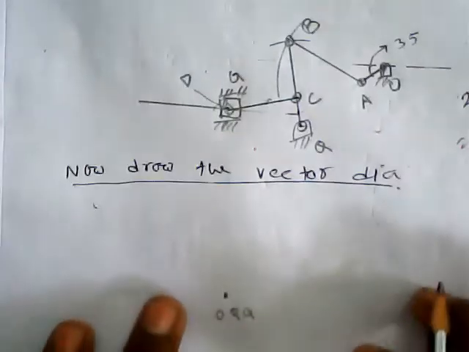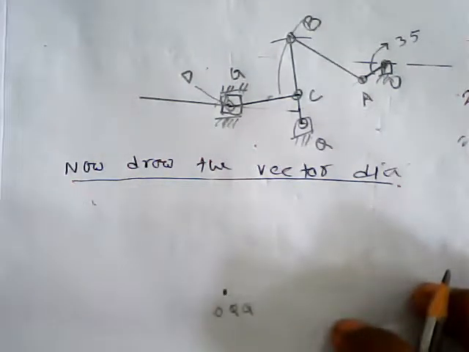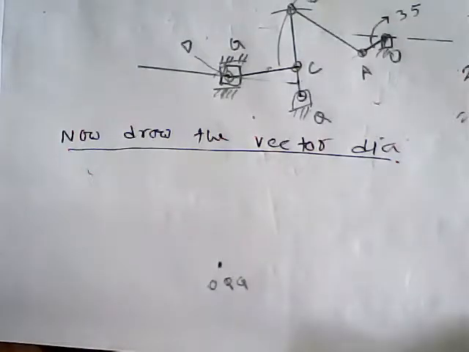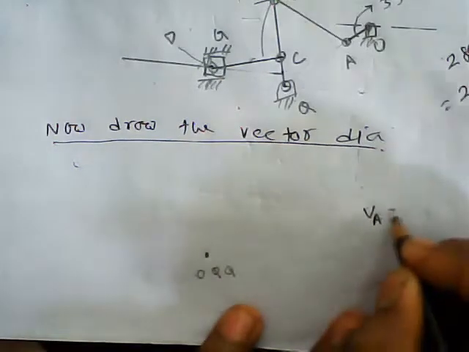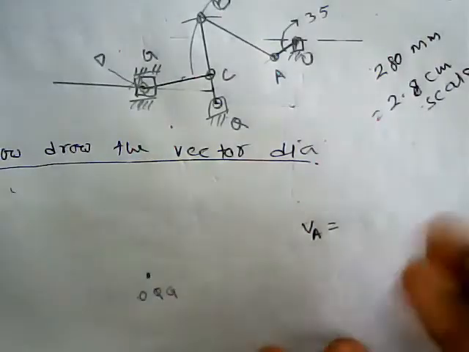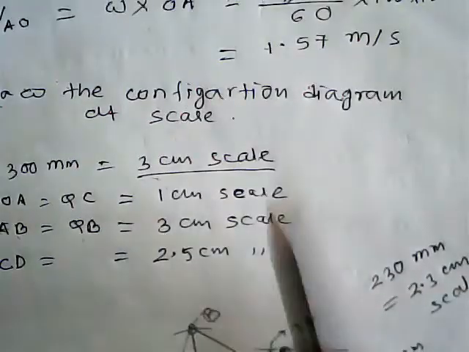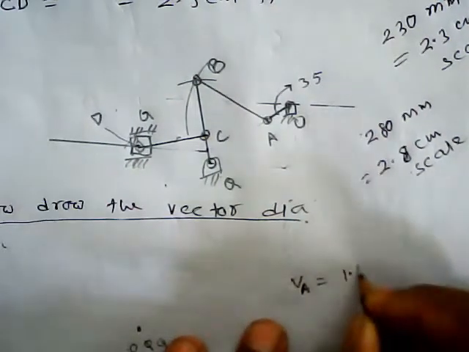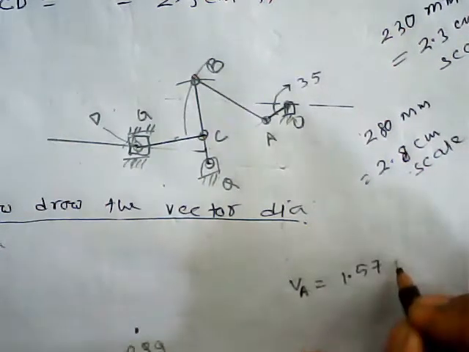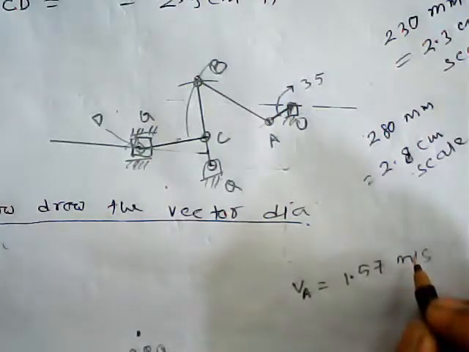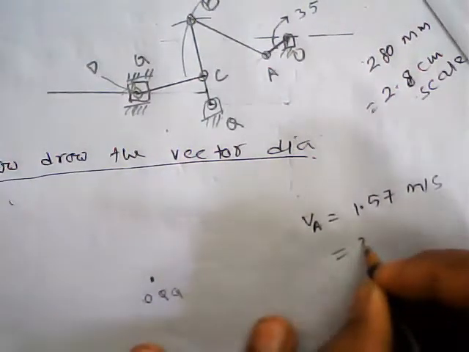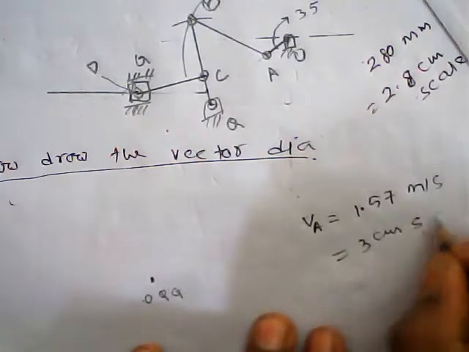Now the velocity of point A with respect to O is known, and that is 1.57 meter per second. So I consider that equal to 3 centimeter scale.